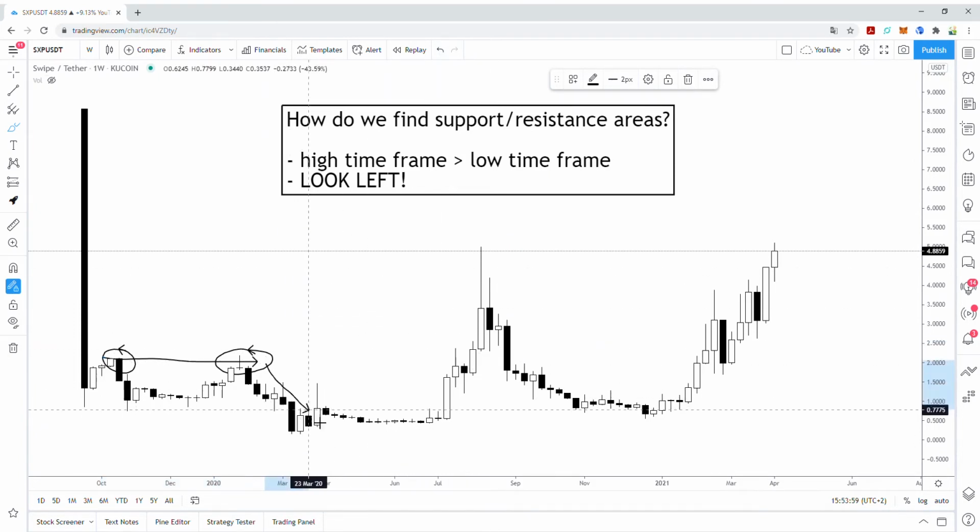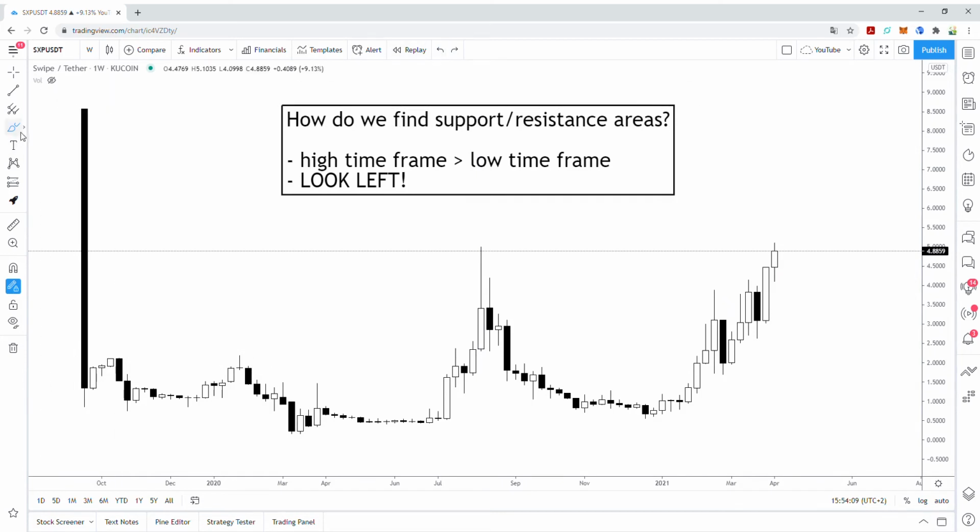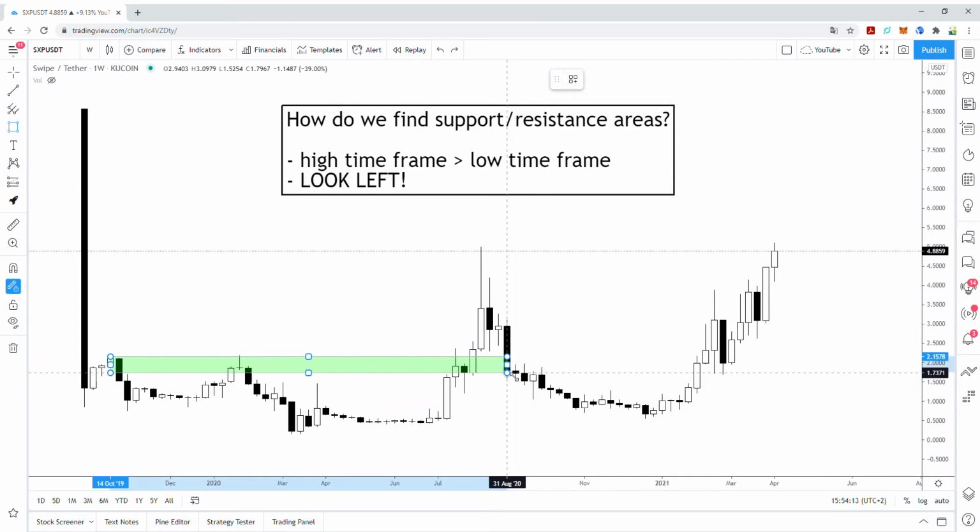So you can see that price went down, and here it went up again. And here you can see that it actually managed to push up. So we already know that this area here has been an important resistance area in the past.